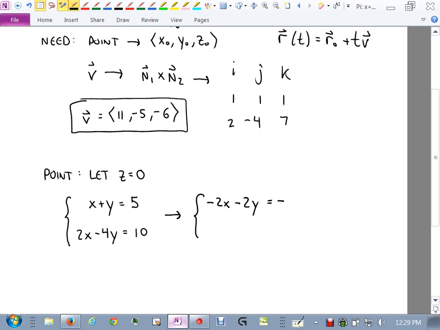Is that really going to be what I think it's going to be? So all I did, I multiplied the first equation by negative 2. And now I'm going to add down. When I add down, I get, yes?